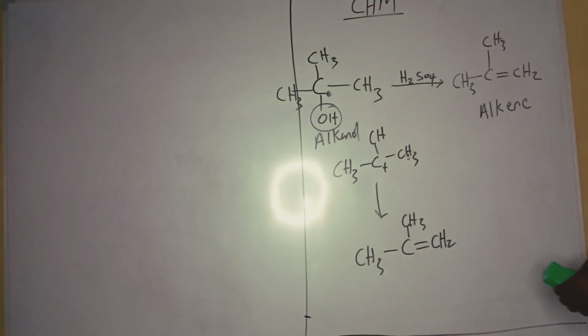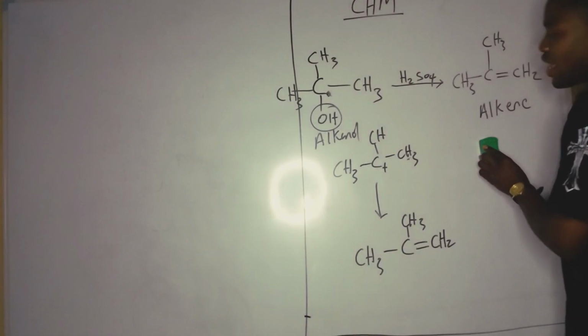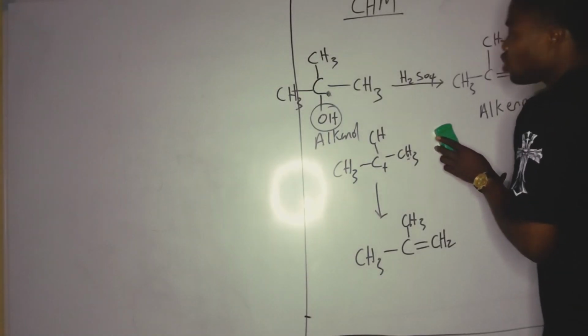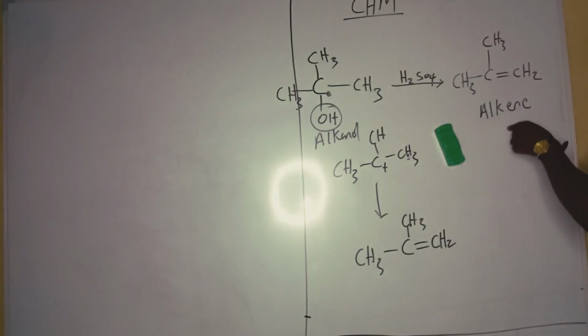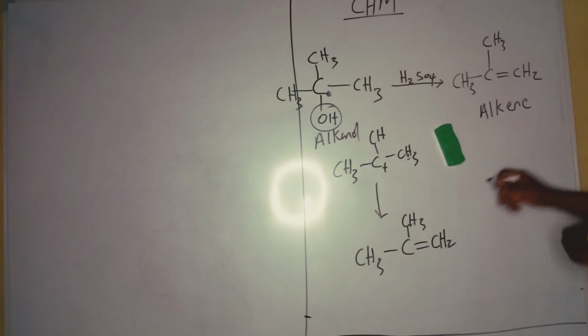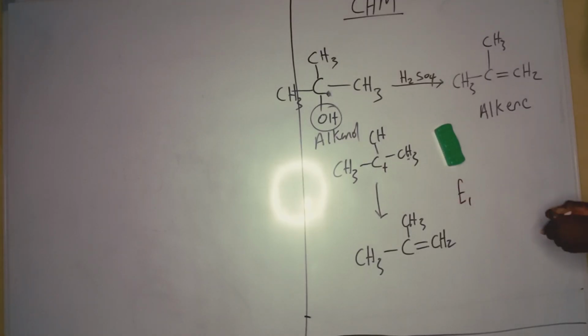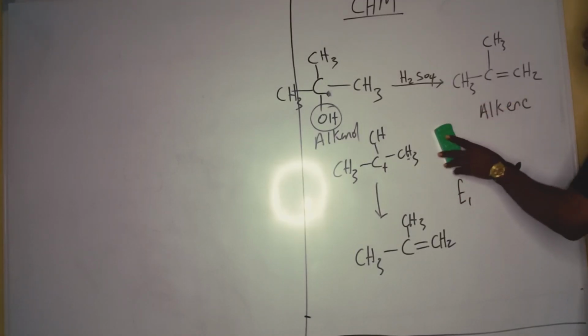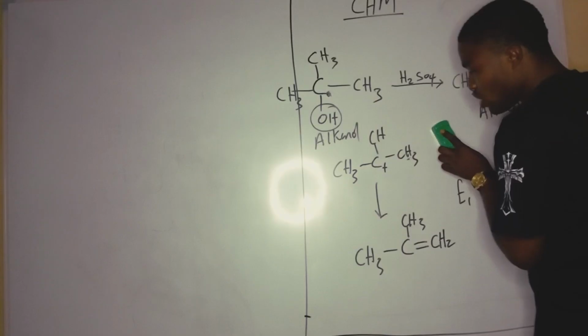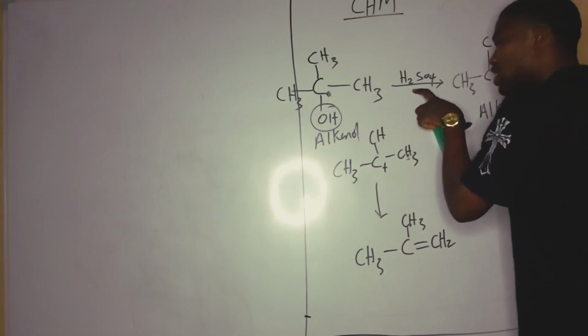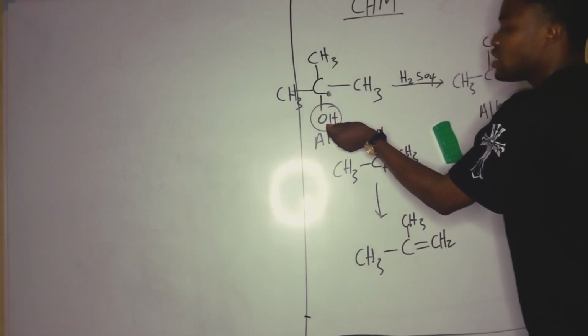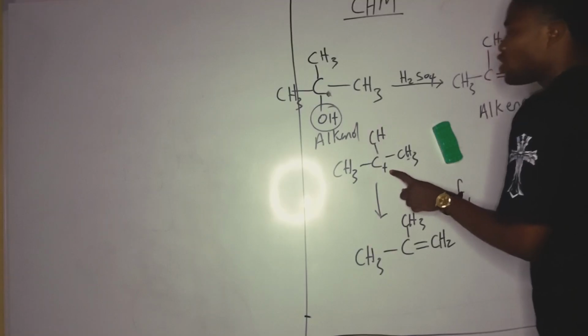So basically, alkanols are dehydrated to alkenes. This is an example of a reaction we call an elimination reaction. Remember, this is a two-step reaction. Many call it an E1 reaction, a unimolecular elimination reaction, and it occurs in two steps. It's a first-order reaction. First, the acid removes the OH, creating a carbocation, which is the first step.